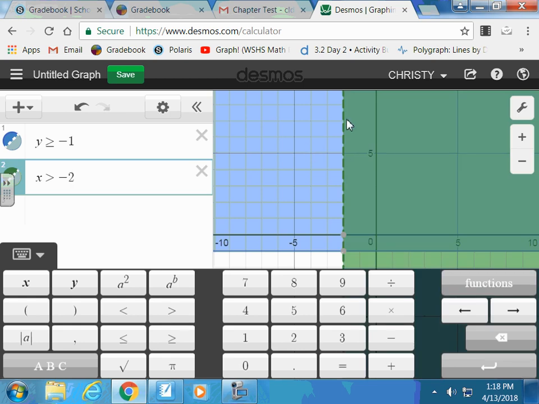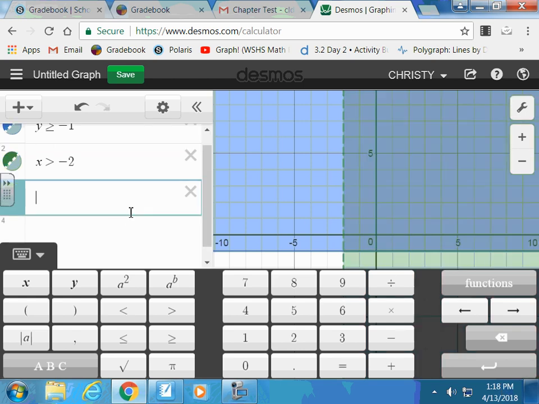This time it looks like they've got a dotted line because it's just a greater than symbol. And they shaded it up above. And then the third and final one, x plus 2y is less than or equal to 4.